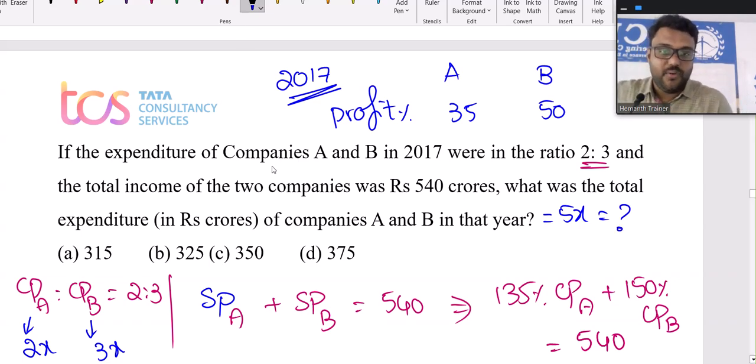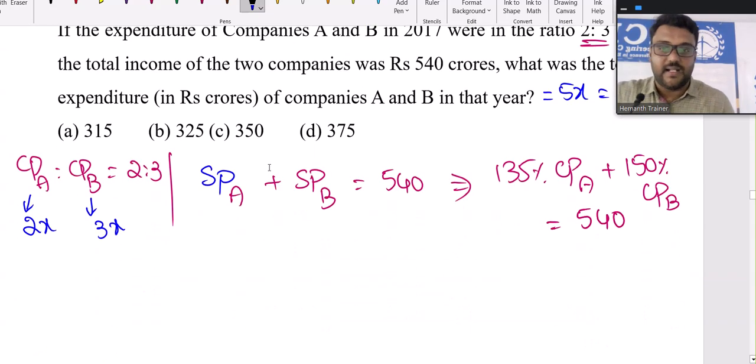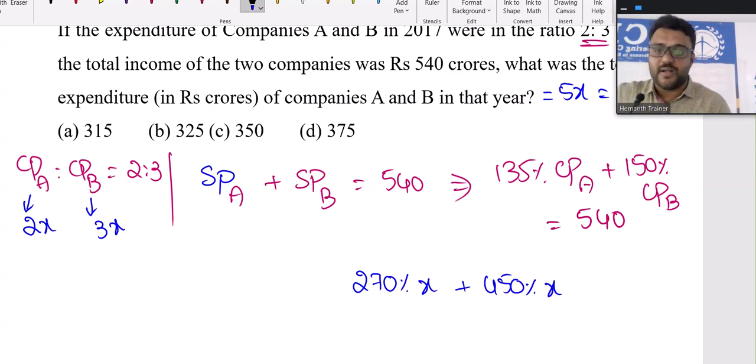Okay. Now you substitute that 2x and 3x here. 135% of 2x means 270% of x. 150% of cost price of B means 450% of x, because CPB is 3x.